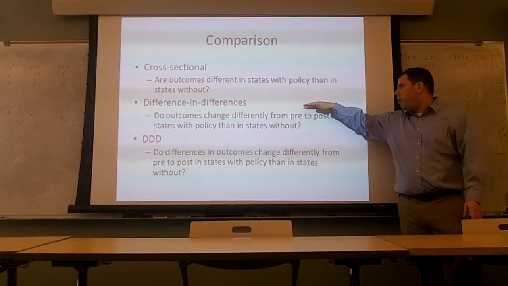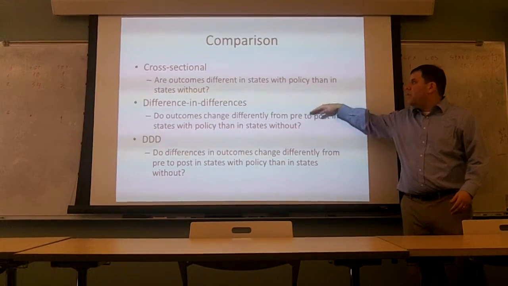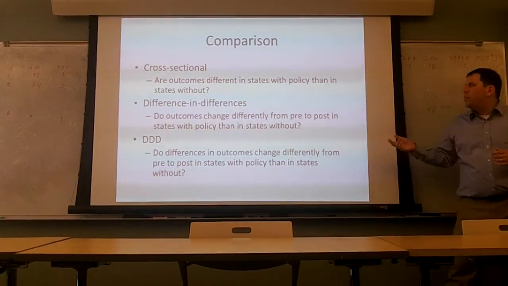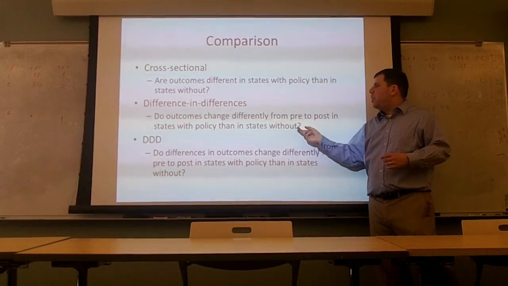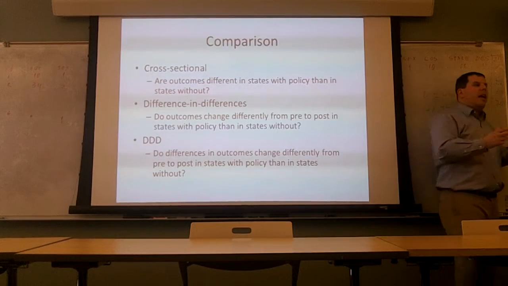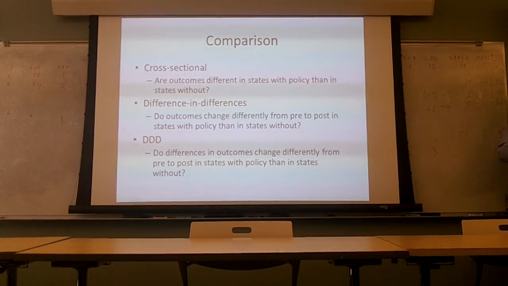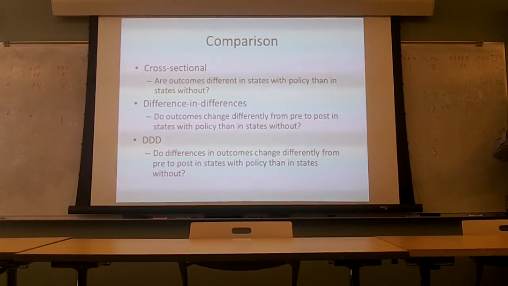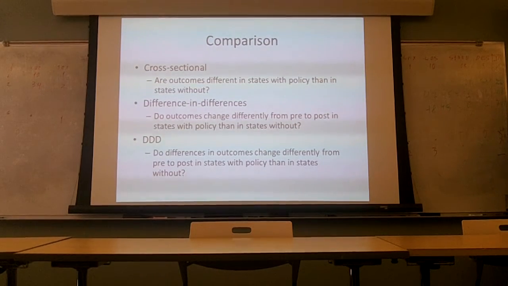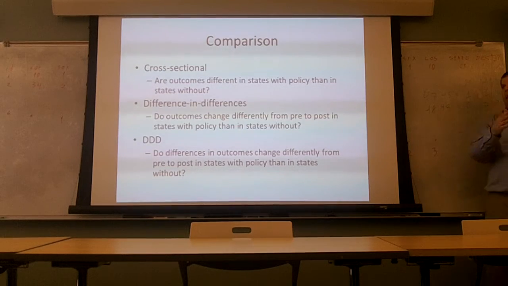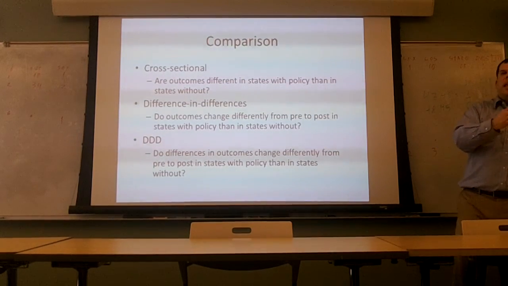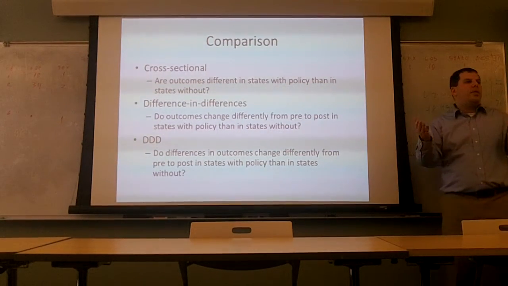We move one step up on the tree, or down in this case, to differences. Do outcomes change differentially from pre to post in states with the policy and states that don't? So now we're using the state as its own control. If things in the state are stable except for the policy change, and things in the control state are stable except for nothing because they didn't get the policy change, then that control state represents the counterfactual.